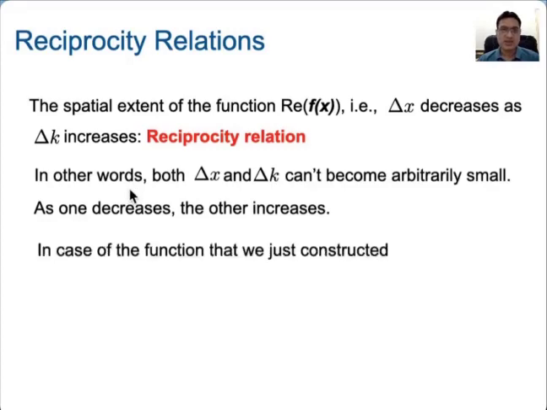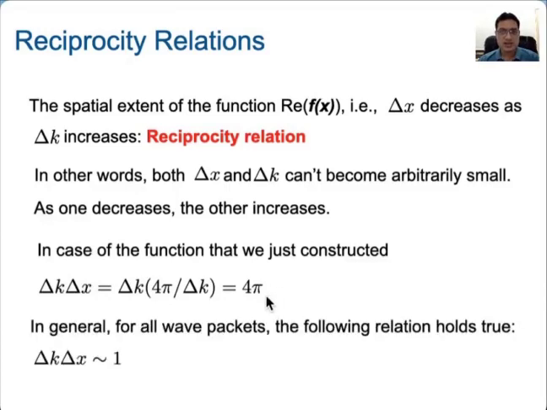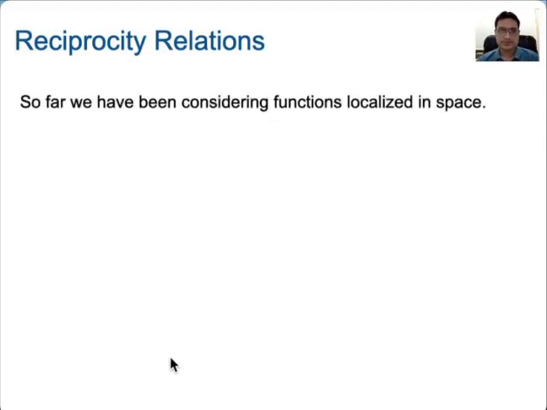For the function we just constructed, delta x is 4 pi divided by delta k, so the product of these two variables comes out to be 4 pi. In general, for all wave packets, the following relation holds true: delta k times delta x is approximately 1.